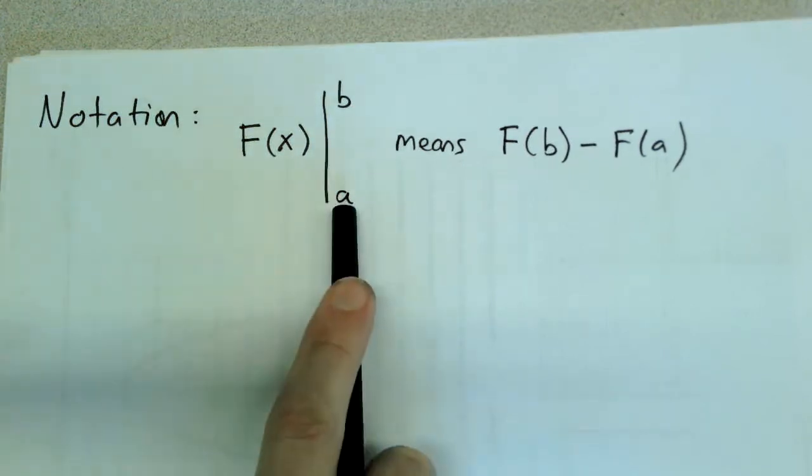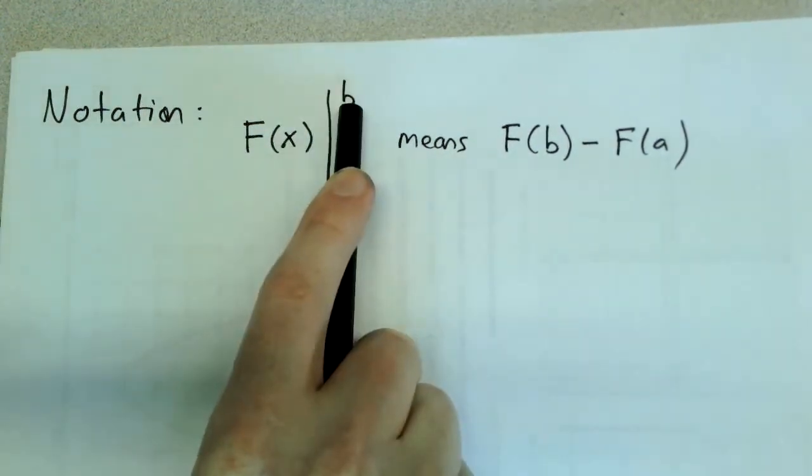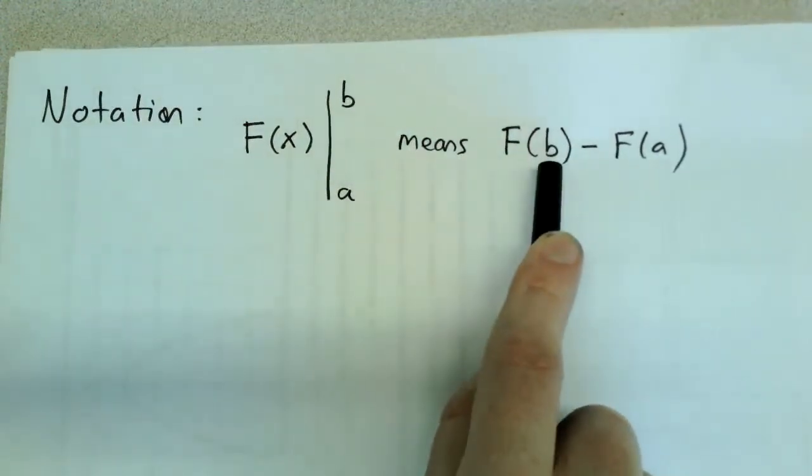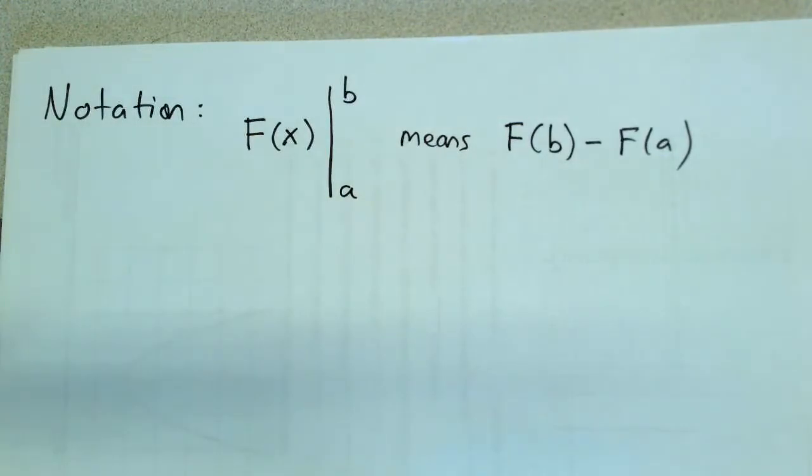It means evaluate this function at this number, so F of B, and then subtract this function evaluated at the bottom number. That's all that it means, okay? So it's just convenient to have. Yeah, okay, let's do an example.